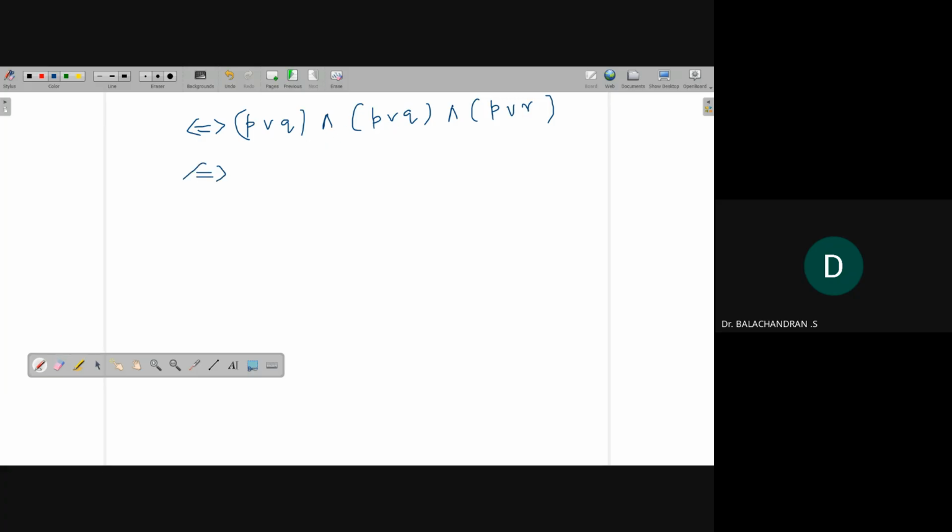P. So that's why we have P and Q, P or Q from these two, and P or R, since P and P is equal to P. I call this equation number 2.